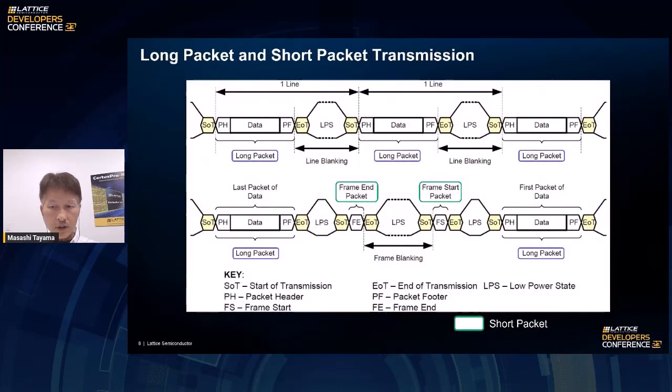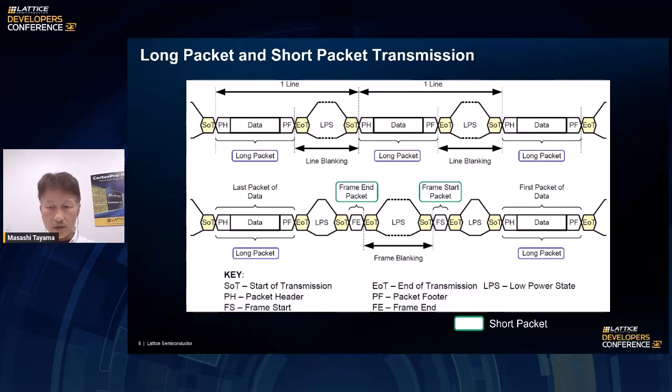Here, I'd like to explain about data packet transmission of CSI-2. When video data is not present during the blanking period, data lanes are in low power mode, indicated as LPS. It takes a predefined step to move from low power mode to high speed mode, as described in the previous slide. Then send start of transmission data before transmitting long packet data.